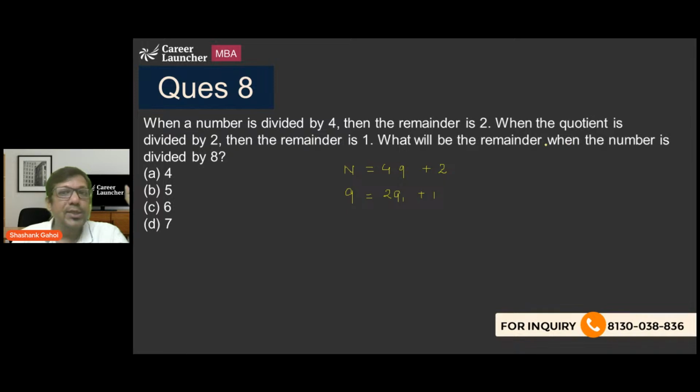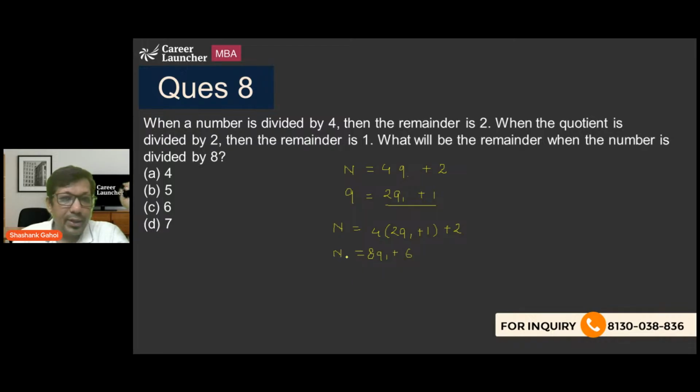Now what is the remainder when number is being divided by 8? Okay, I'm just going to place this value of q over here. So what I'm going to get? I'm going to get n is equal to 4 times 2q1 plus 1 plus 2. So I am going to get 8q1 plus 4 plus 2, that is 6.